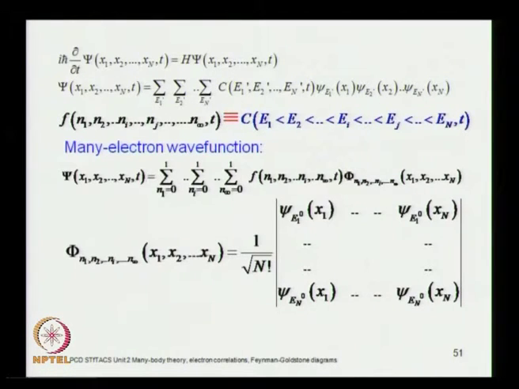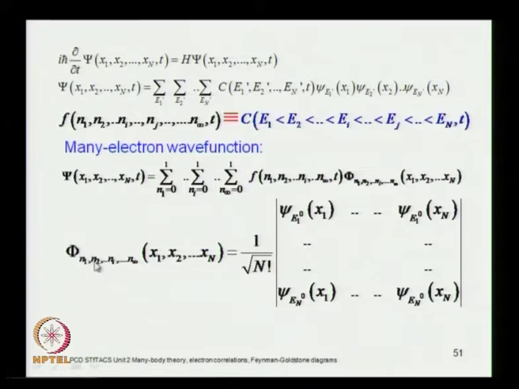Now you have a many electron wave function, which you can write as a product of these single particle states. So you plug in the statistics in it. So you have got a Slater determinant, which we have discussed in our earlier discussions, and also in the previous course at great length we dealt with the Slater determinant, especially in the context of the Hartree-Fock formalism.